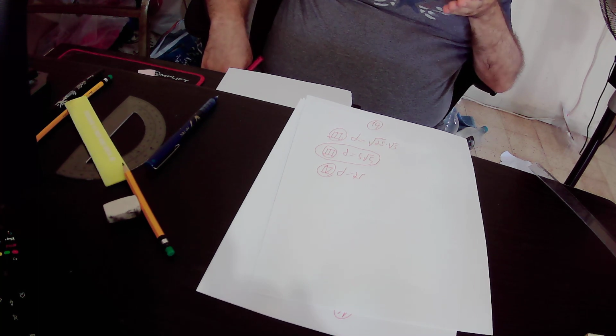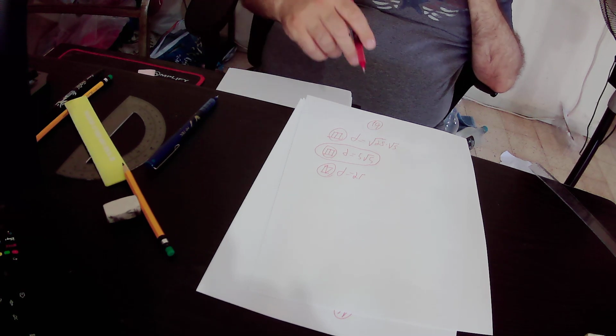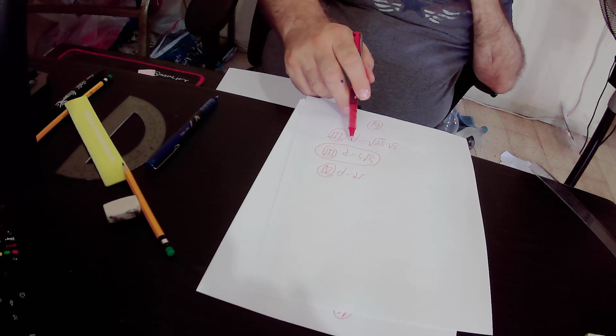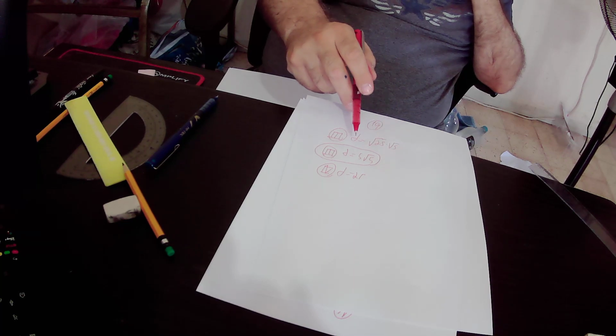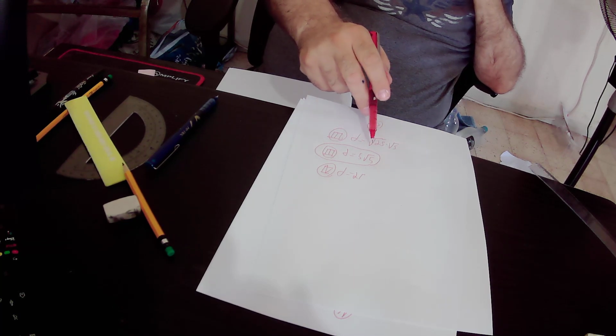The diameter of our circle equals 2 times the radius. So we know that d equals 5 times root 5, so we can substitute d by 5 times root 5.